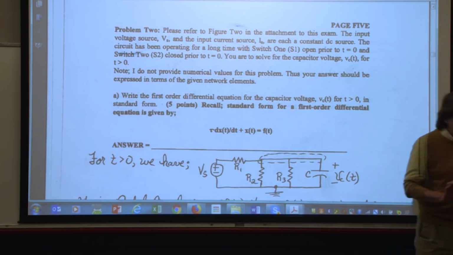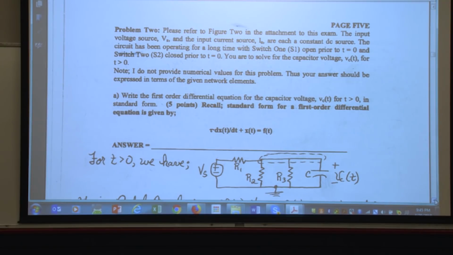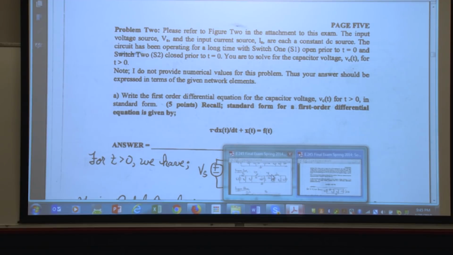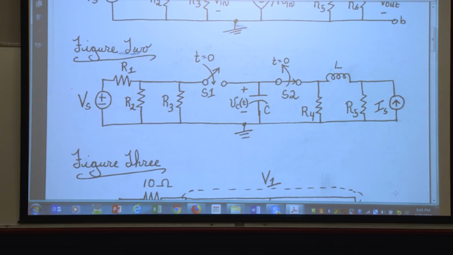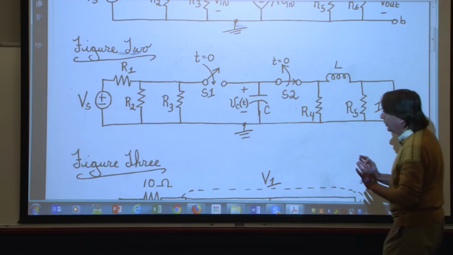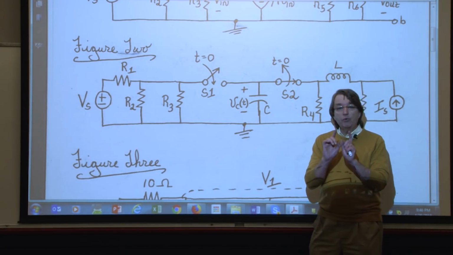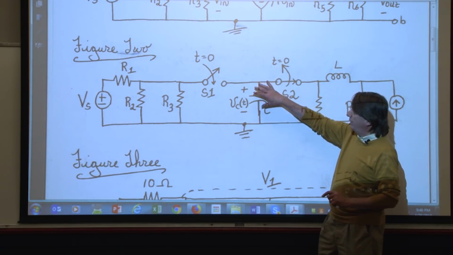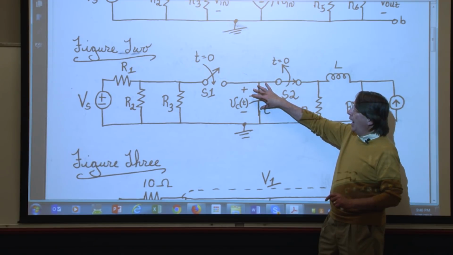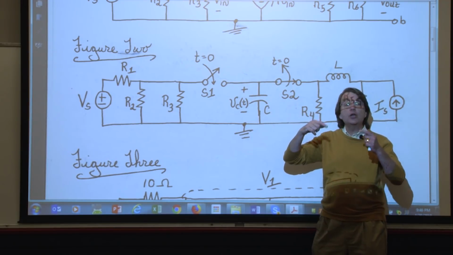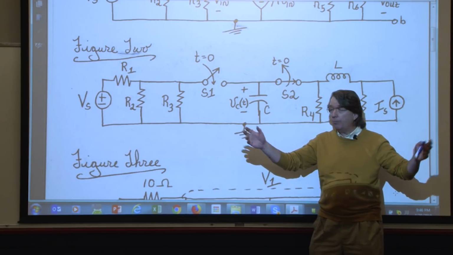Now, my colleagues, let me just go back again to the original figure, because someone came to my office hours today with a question as to how do I know which side of the circuit to work on. Let me make sure I describe this clearly. From reading the problem, we want V sub C of t. I want it for t greater than 0, according to the problem.